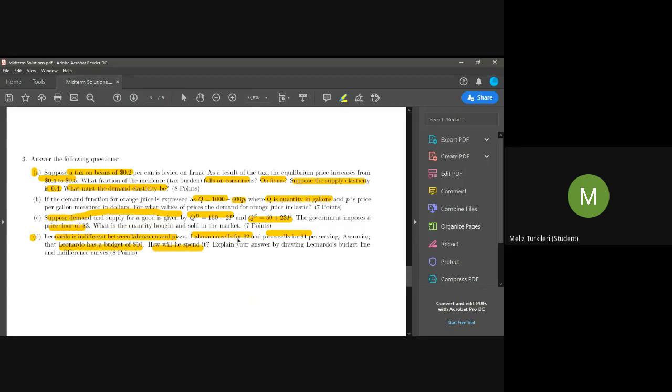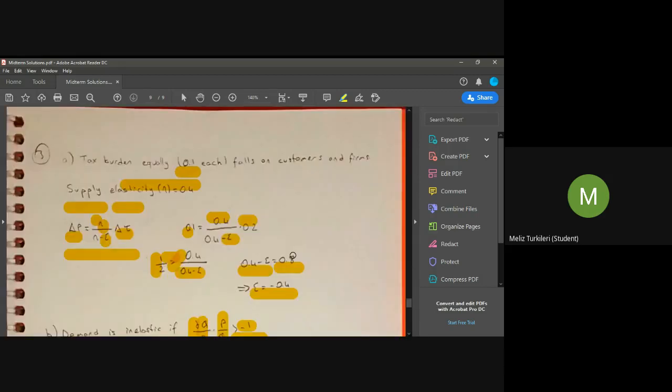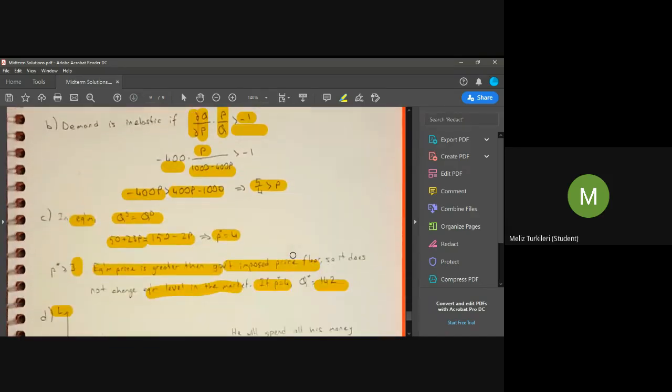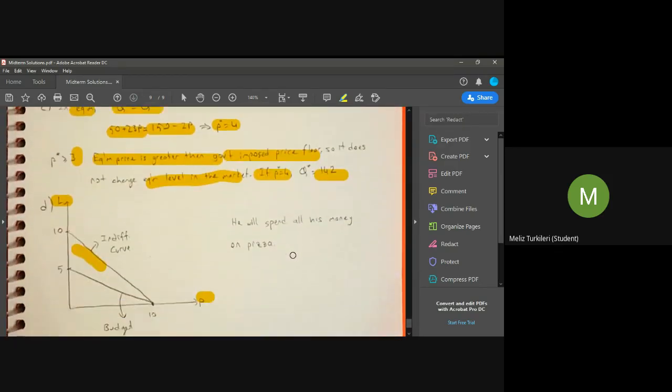And if we spend this amount just on pizza and do not buy any lahmacun, the maximum amount of pizza that we can buy is 10, because the price of pizza is 1. So our intercepts will be 5 for lahmacun and 10 for pizza. So I just draw the budget line from the information.